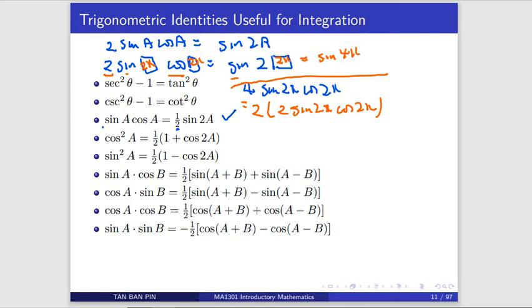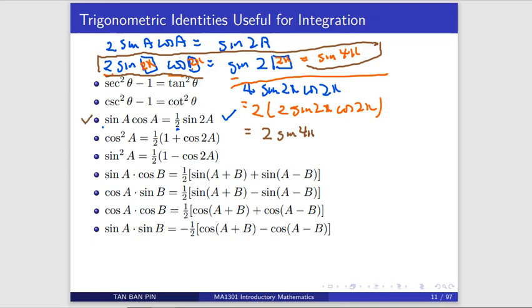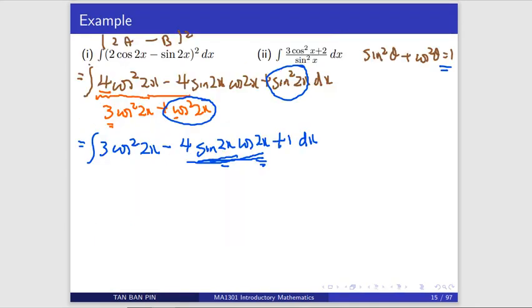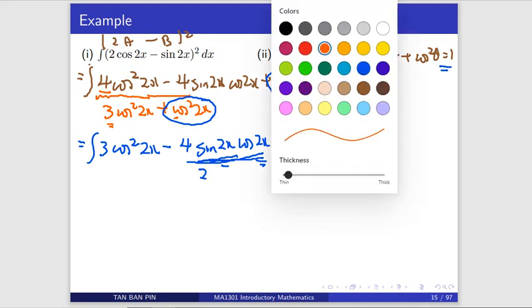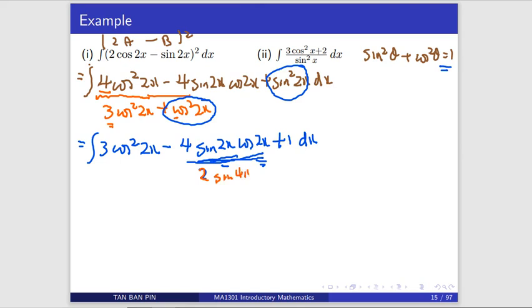And then by what I have just shown you, it can be combined and give you sine 4x. 2 sine 2x cosine 2x is sine 4x because you fill in 2x to the boxes. So this one should give you 2 sine 4x after applying this identity. So that means this term will give you 2 sine 4x.